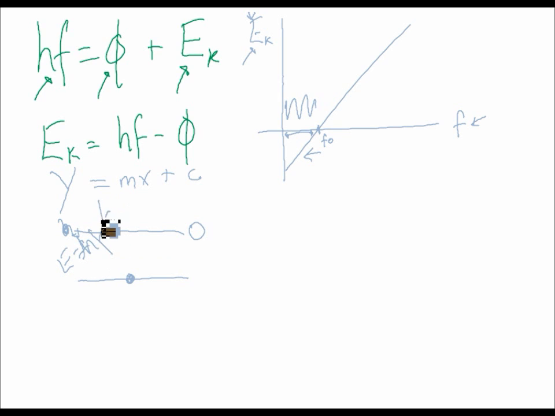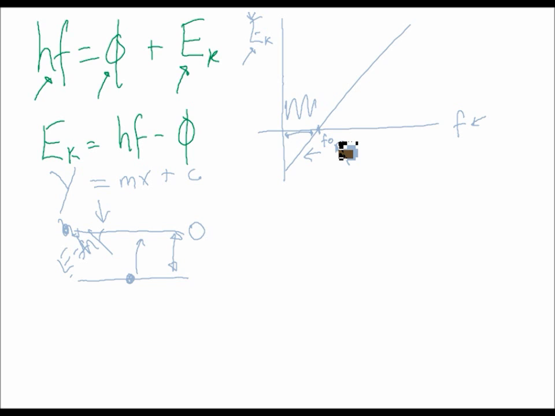Now, if this frequency corresponds to an energy which is less than this gap, then it will never have enough energy to escape. So below this frequency here, no electrons are emitted, and we call that the threshold frequency.